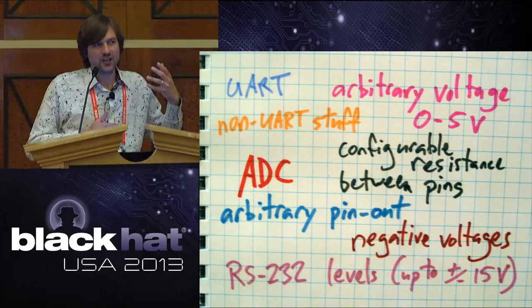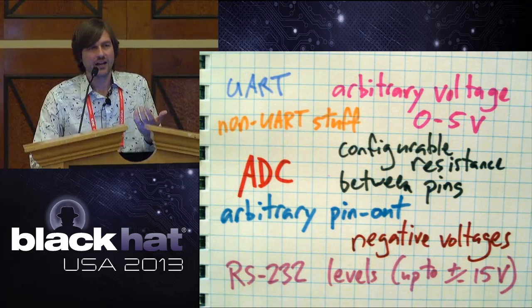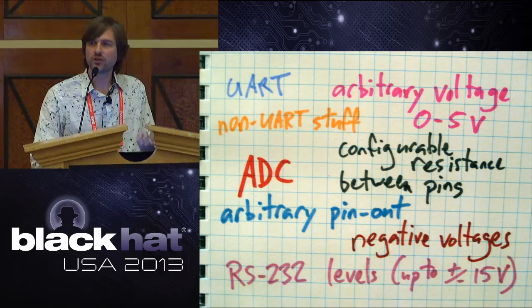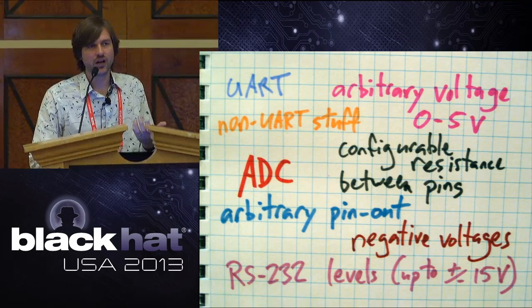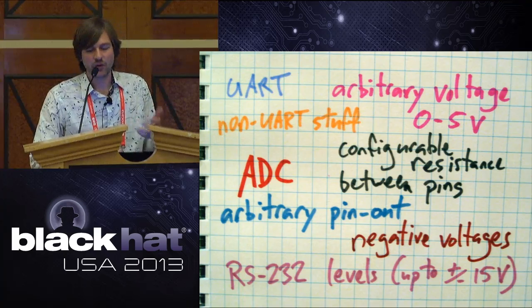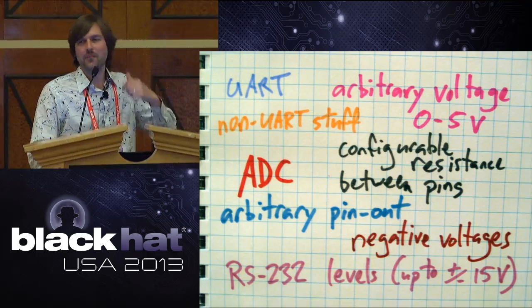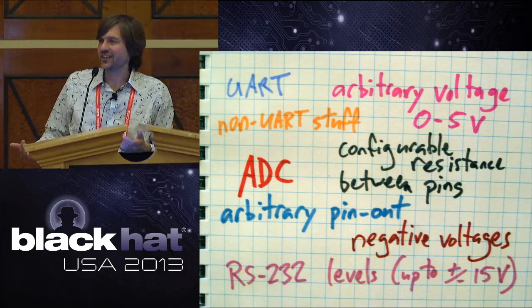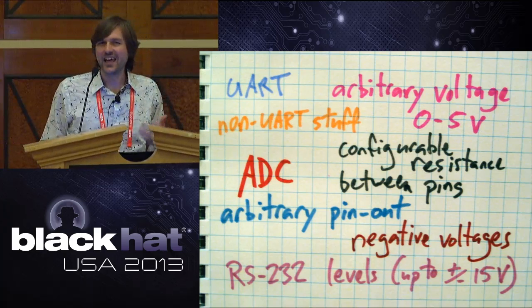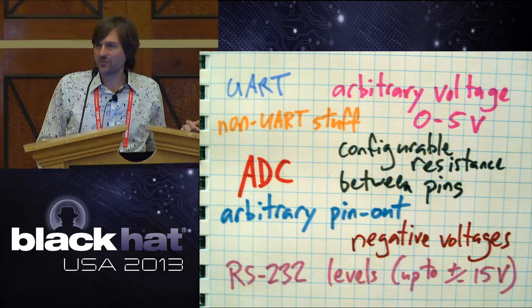And now I have a universal serial adapter that can talk RS-232 or UART or TTL UART with any voltage level I want, and with arbitrary pinout. This all seemed really cool, but it made the project become ridiculous and complicated. And I just finally soldered this board together last week, and it doesn't work.